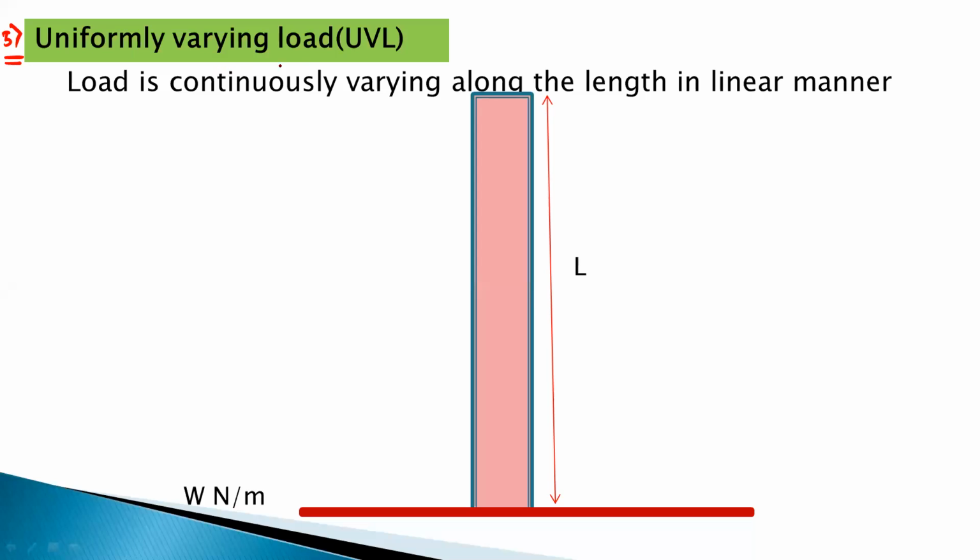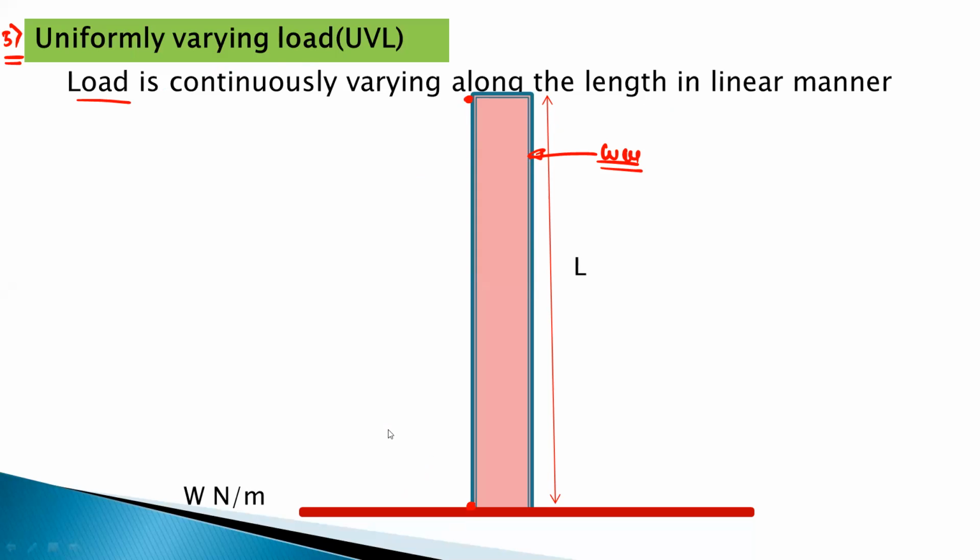For the uniformly varying load, the load is continuously varying along the length of the beam in a linear manner. Suppose this is the wall, and the load intensity is continuously varying from this point to the bottom point in a linear manner, then that loading is called a uniformly varying load.